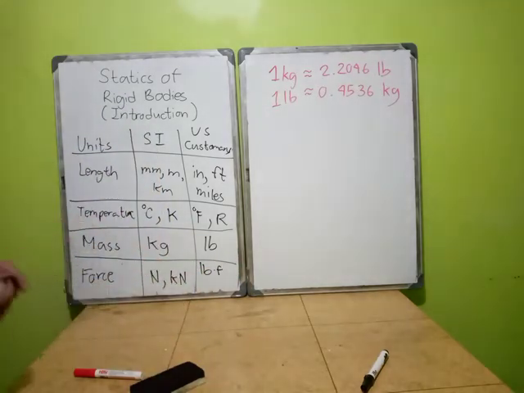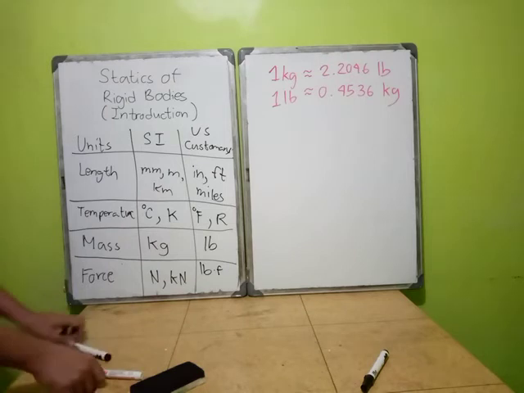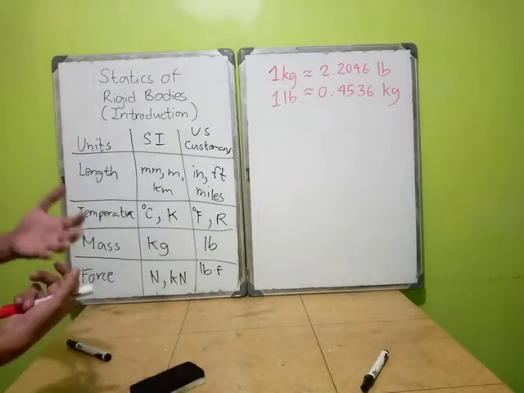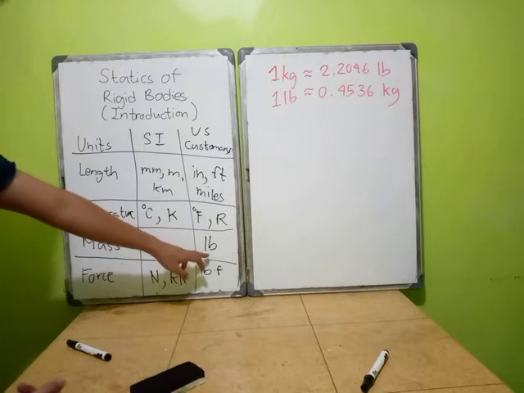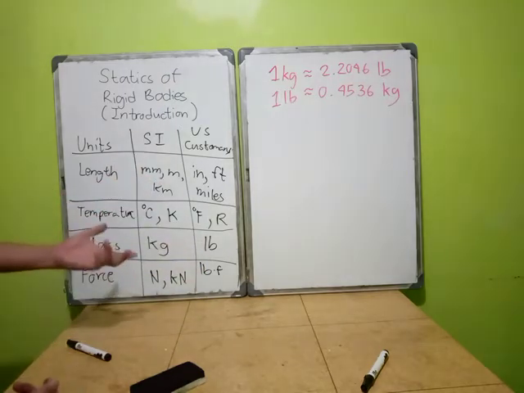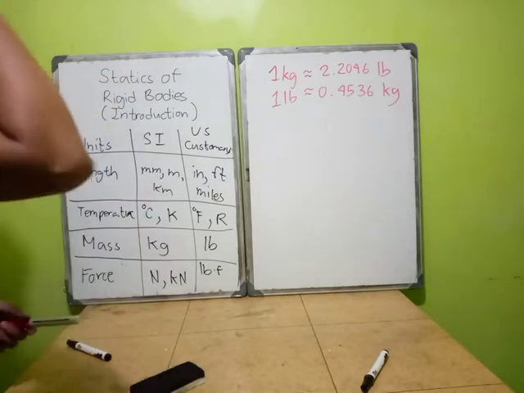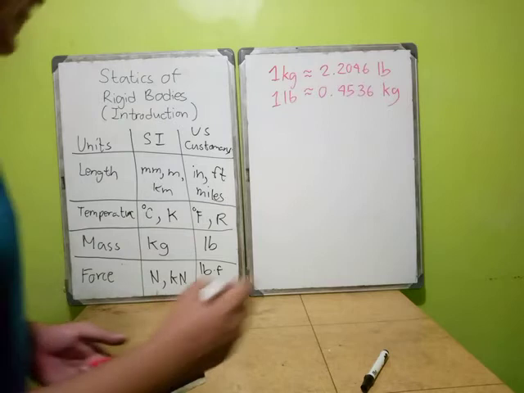Ibig sabihin, it is simply 1 libra of mass multiplied by the acceleration due to gravity here on Earth, so please remember this.